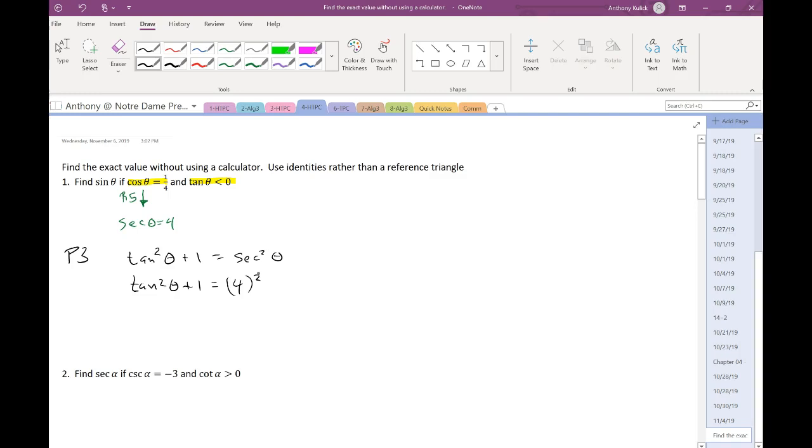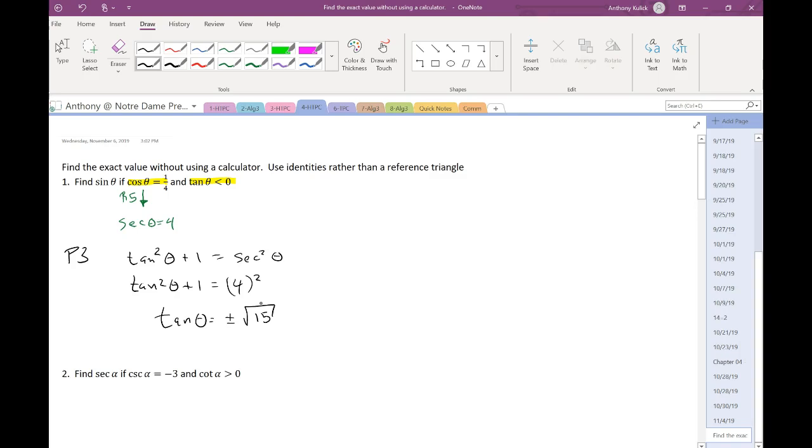And I know that tangent squared theta plus 1 is equal to 4 squared. If I solve for tangent, I get that tangent theta is plus or minus the square root of 15.